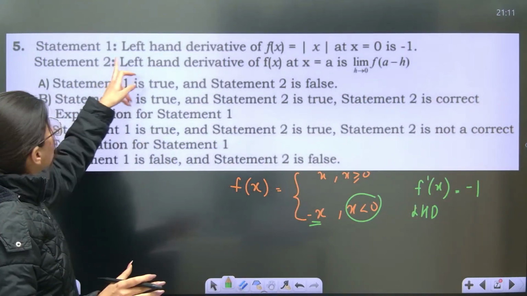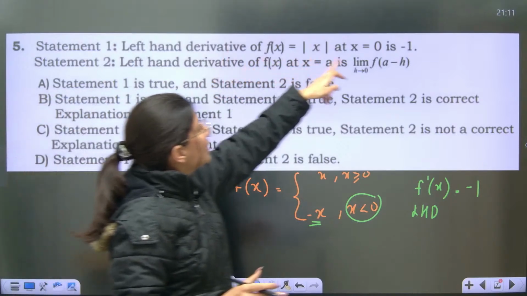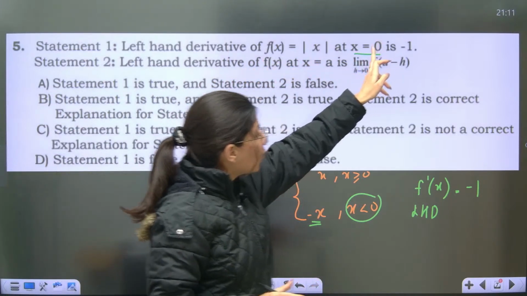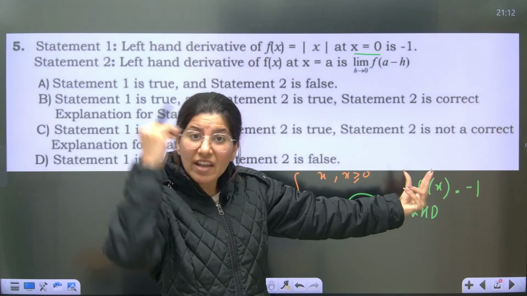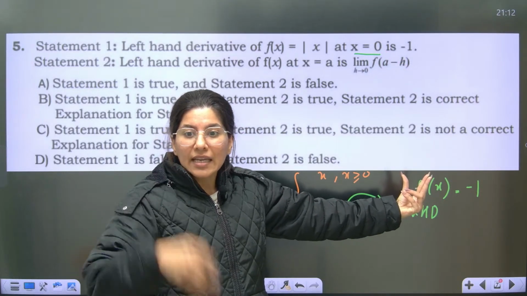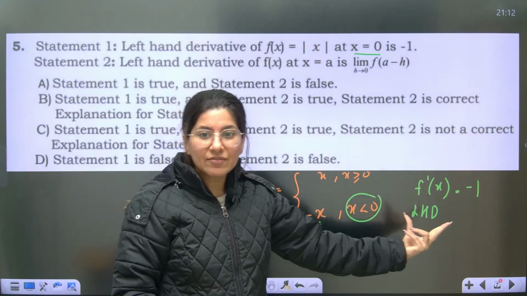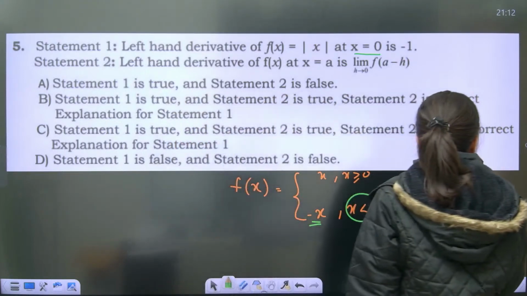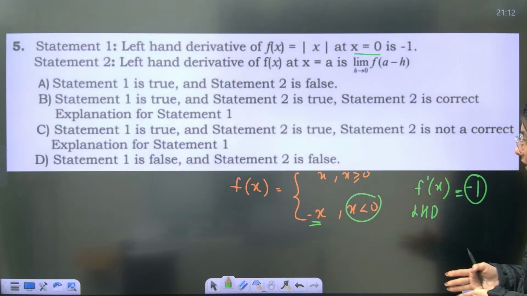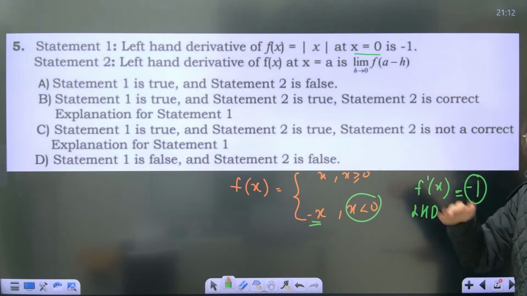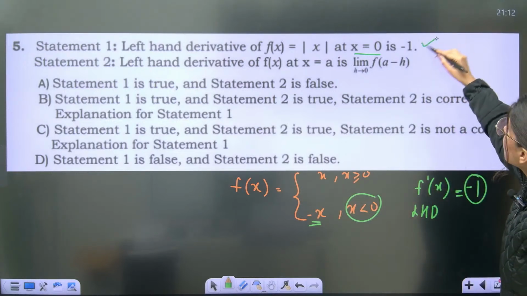So statement 1, that is LHD of this at x equals to 0, right? Now understand, left hand derivative everywhere is minus 1. They can tell everywhere because we calculated the left hand derivative. It is coming as minus 1, for x less than 0 everywhere. So this is a true statement.